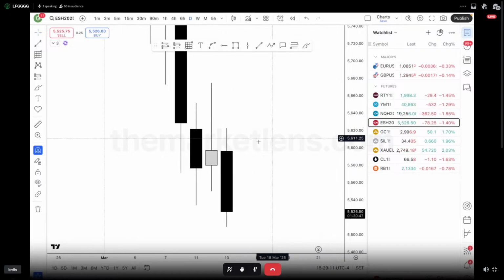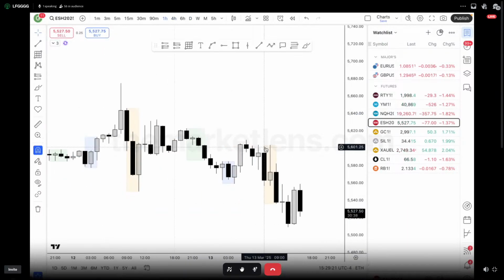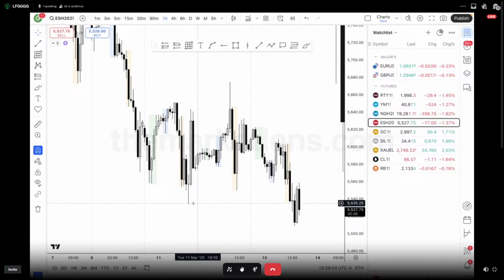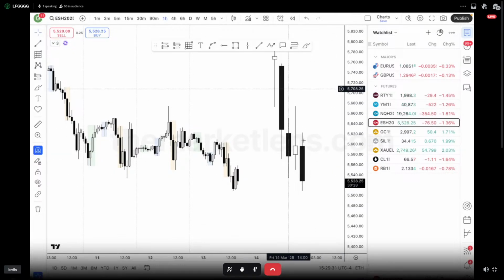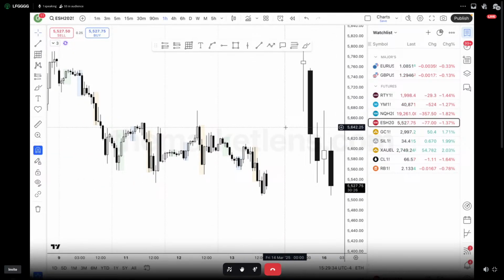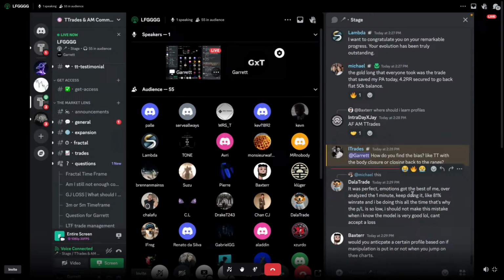If you can frame a protected swing within the daily range that forms the wick, then you can trade the body, and you can look for targets like 4-hour and 1-hour models within the daily candle. Obviously you want to trade in line with the daily candle, but not really closures necessarily. That's one of the ways, but there are many ways you can get daily bias outside of closures, which I go into a little more detail and depth with than probably both AM and T Trades.